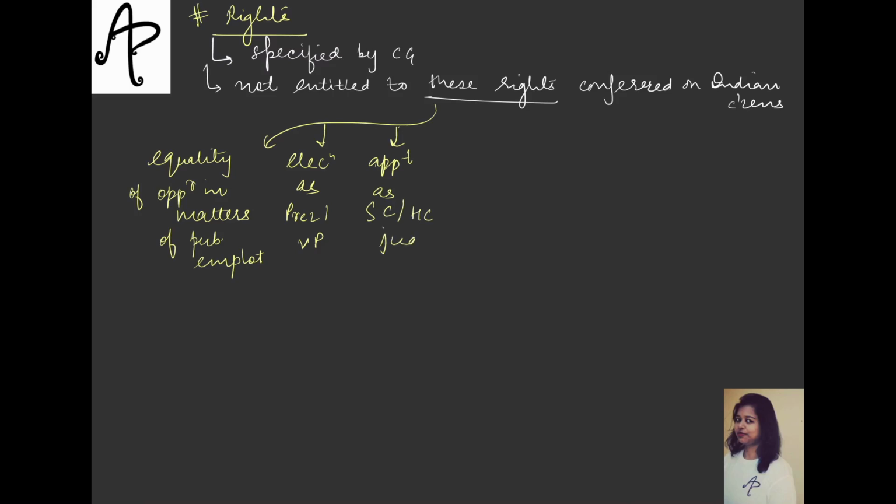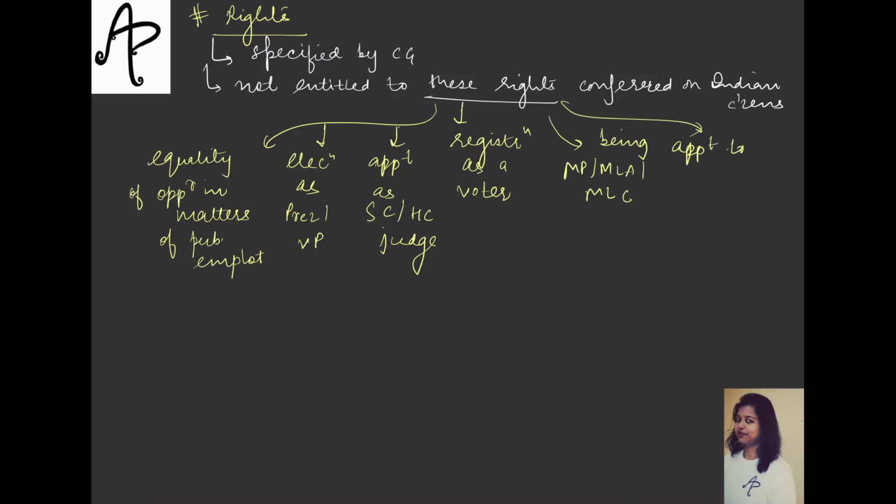You can understand the very obvious things that you cannot give these rights to OCI. Right of registration as a voter in India. Then being MP, MLA or MLC, and also not permissible to be appointed to any of the public service and posts.